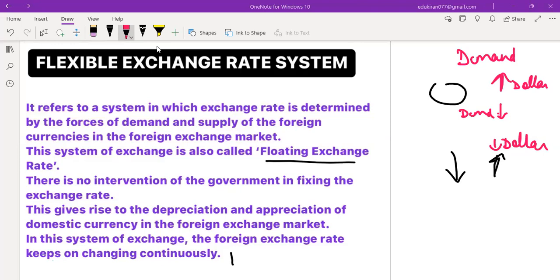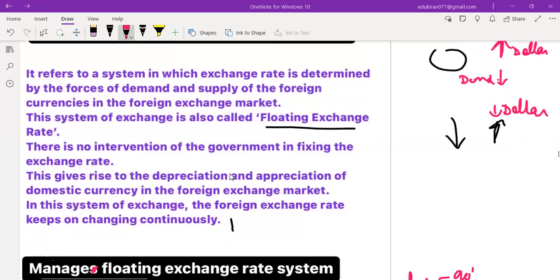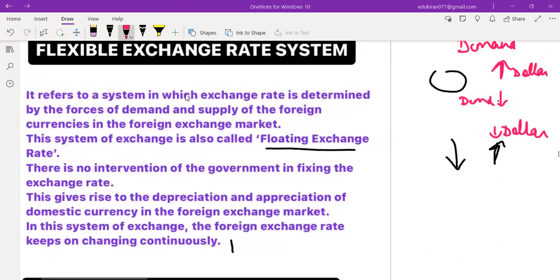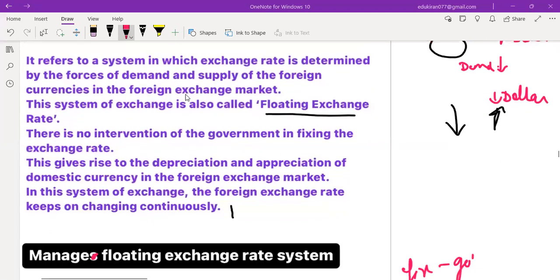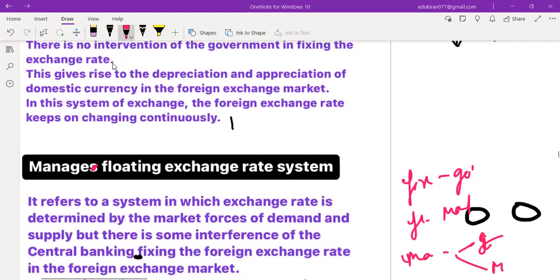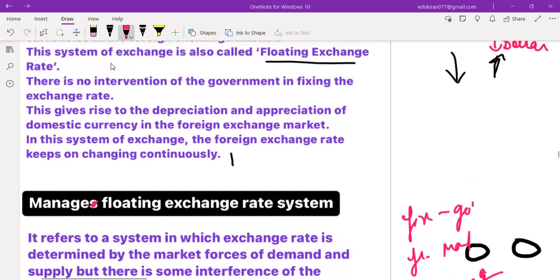Ma'am, can you scroll down? Ma'am, just a second. Could you show the last one? Yes, ma'am, you can scroll it. Okay, this much is fine. No, ma'am, I completed. You can show the managed floating.